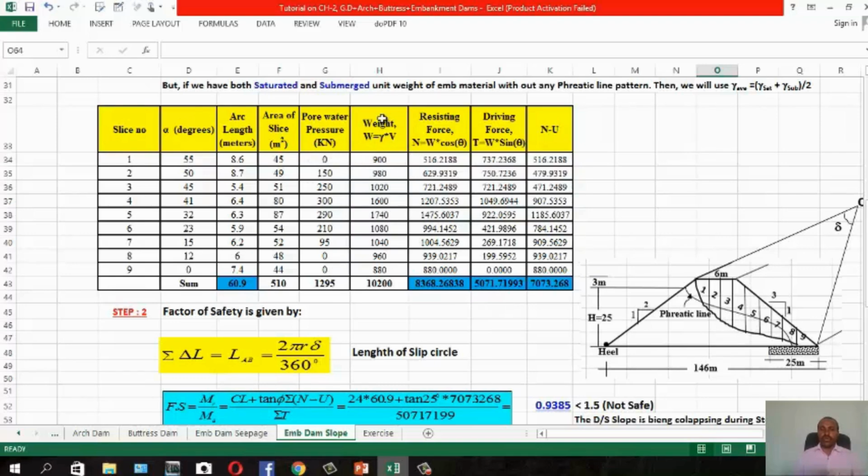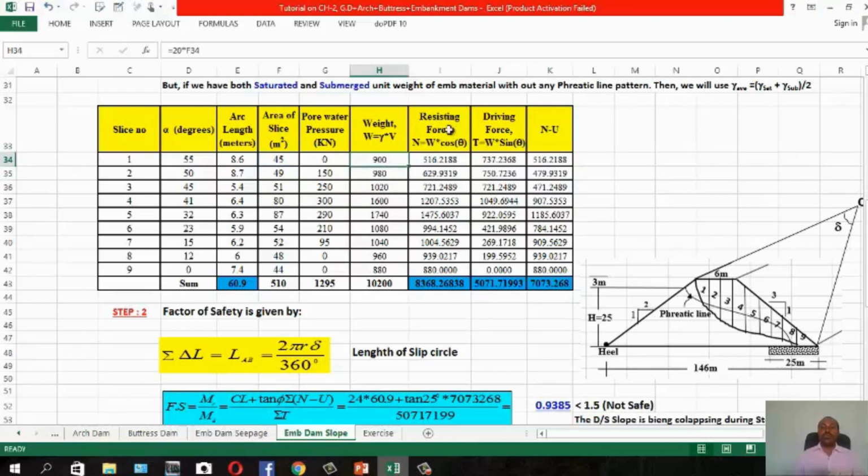The first step is you calculate weight. Weight means gamma times volume. Gamma, which is average unit weight 20, is given, so you multiply by area times length, which is 1 meter length, gamma times volume. So gamma times area, you just drag this.